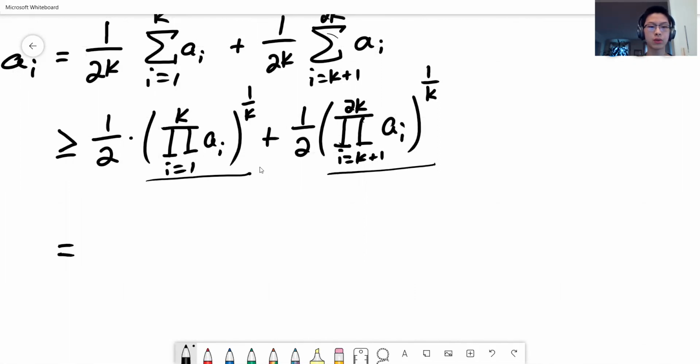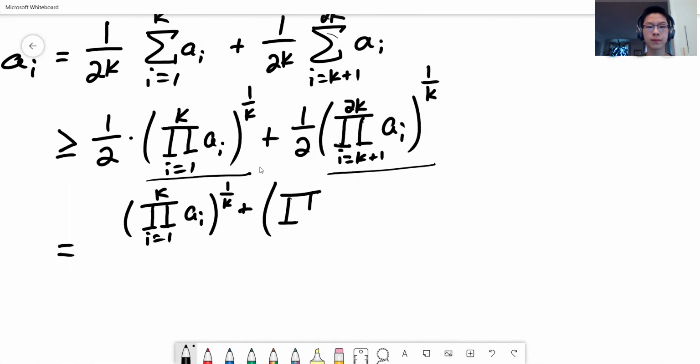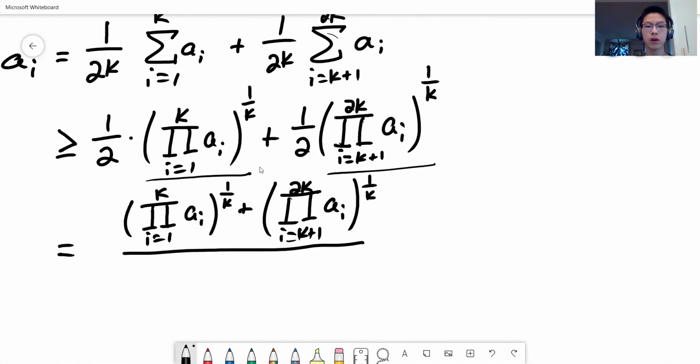So this is equal to the product i equals 1 to k of a sub i to the 1 over k, plus the product from the indexes k plus 1 to 2k of a sub i, all over 2, right?